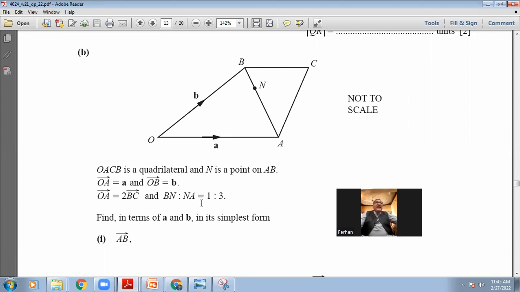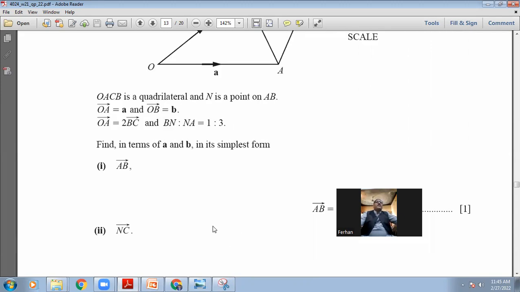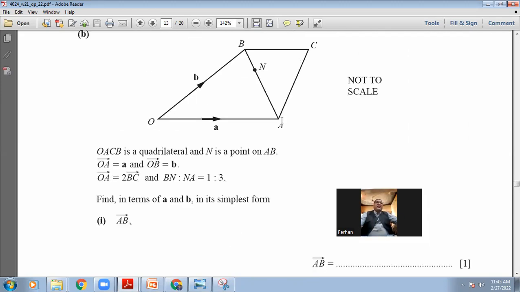For BN and NA, if BN is 1, NA is 3. This whole thing will be 4 in the ratio. Find, in terms of a and b in its simplest form, AB. If you want to find AB, I will write its bypass from A to B. The bypass will be AB equals AO plus OB.